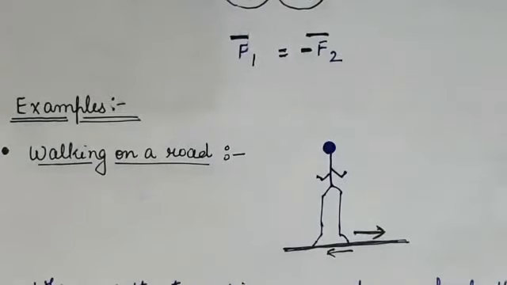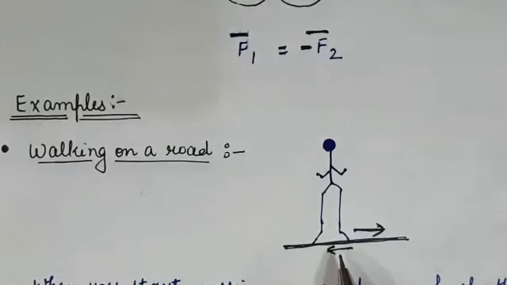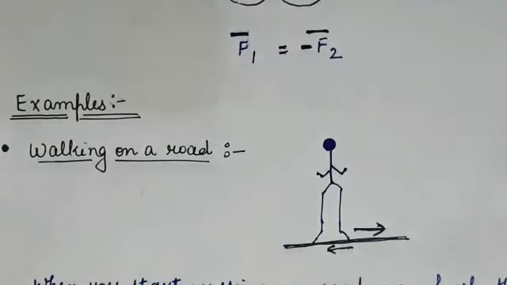I repeat again. When you start walking on a road, your feet push the road backward, and at the same time, the road exerts an equal and opposite reaction force on your feet, which makes you move forward.